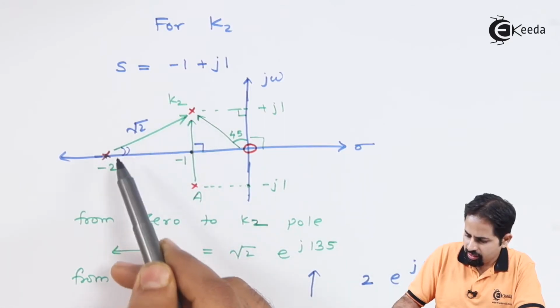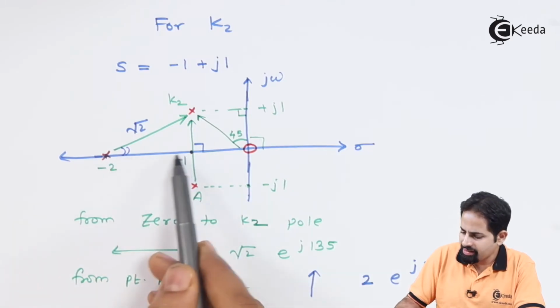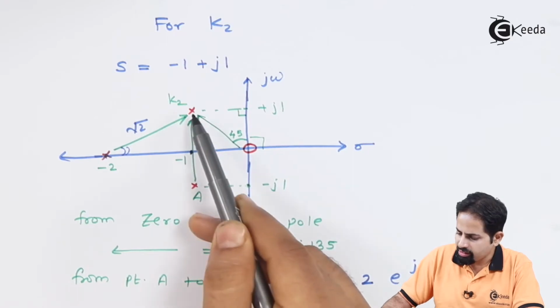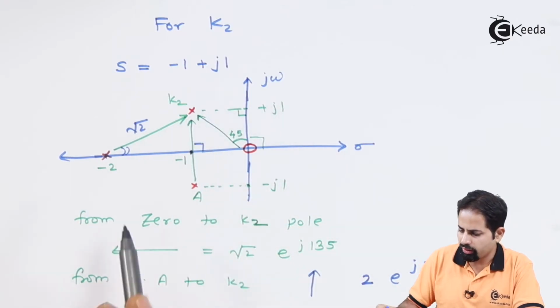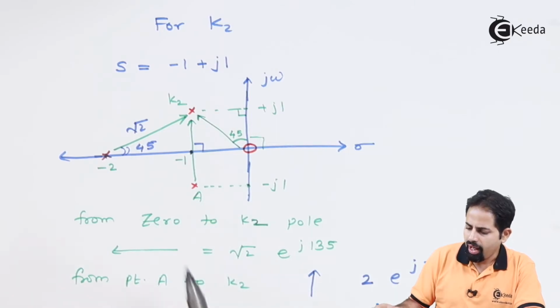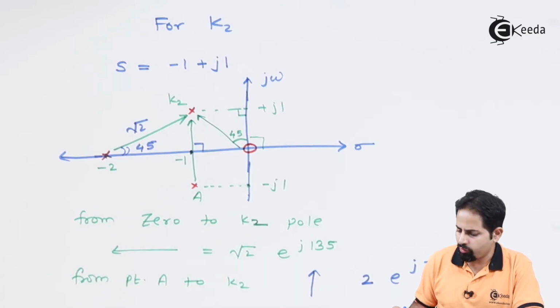So this angle is required, and as this length is 1, from -2 to -1 is 1, and this -1 to this one is also 1, this angle is again 45 degrees, and we always go for counterclockwise angle.